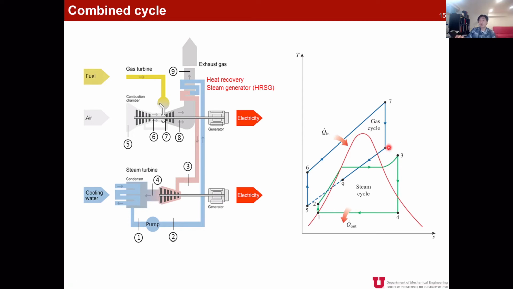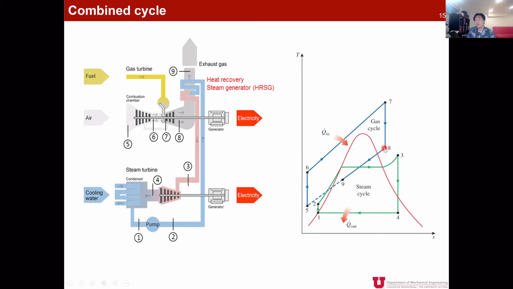And now, if we only use a single gas turbine as the power generation system, this 8 is then done. The gas does not do work anymore, and it is emitted as exhaust gas to the atmosphere. And still, as you see, this temperature is quite high, a lot higher than even the temperature at 6, right?